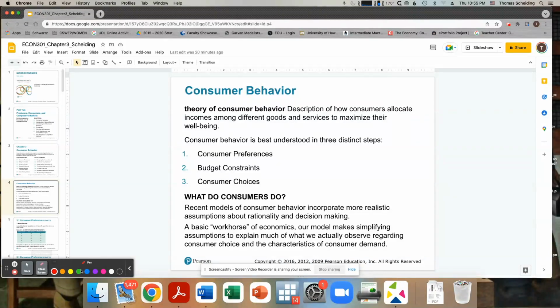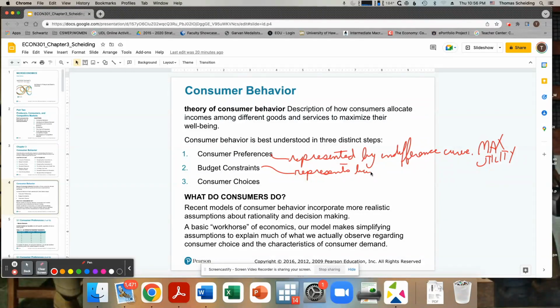The three steps here are consumer preferences, which would be represented by what we're going to see called the indifference curve. Here is where we are maximizing utility or happiness. And here we've got our budget constraint.